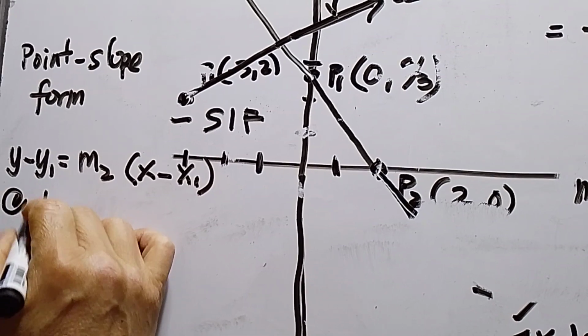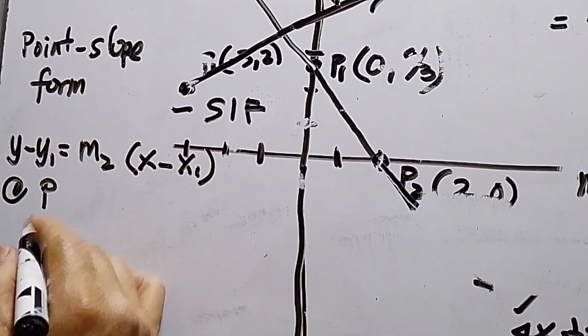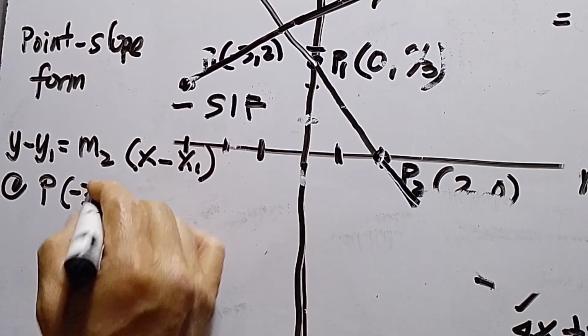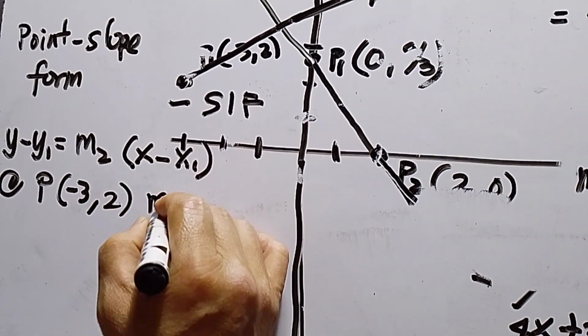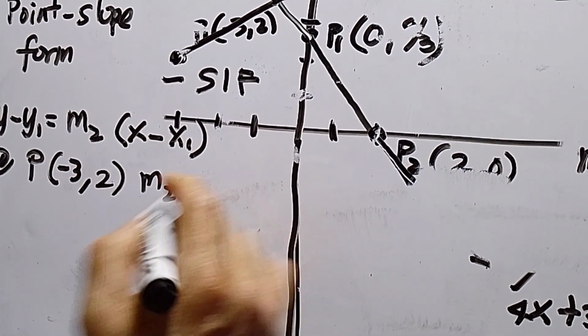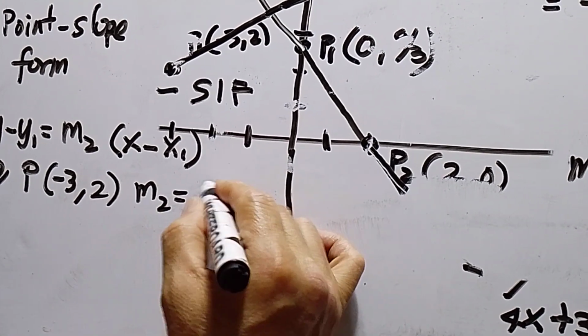The point is at negative 3 and 2, while the slope m2, the perpendicular slope, is 3 over 4.